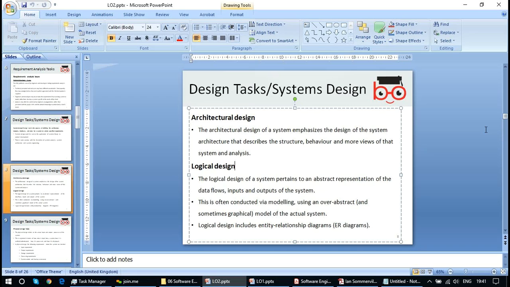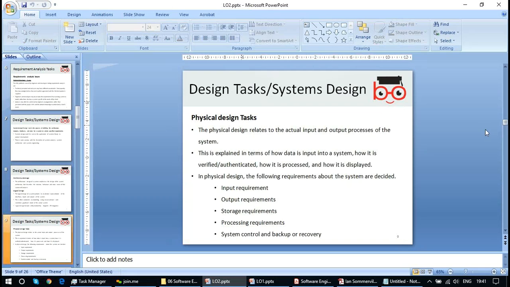This is often done in abstract modeling using, let's say, ER diagrams. So architectural is, let's say, a more practical and concrete one.